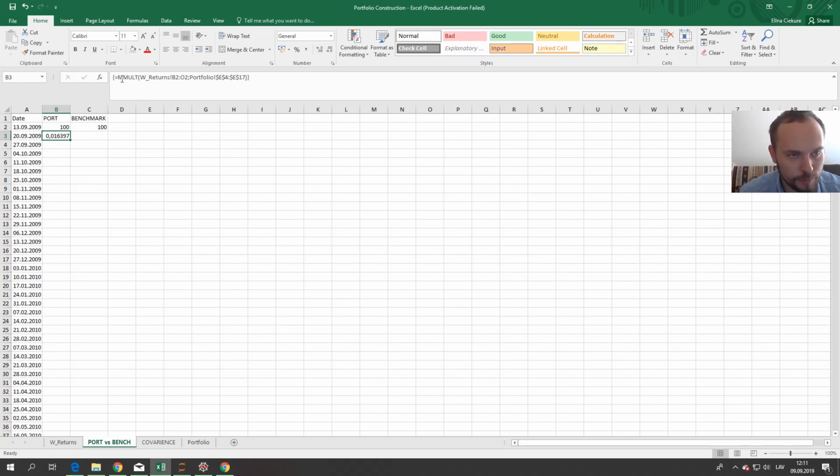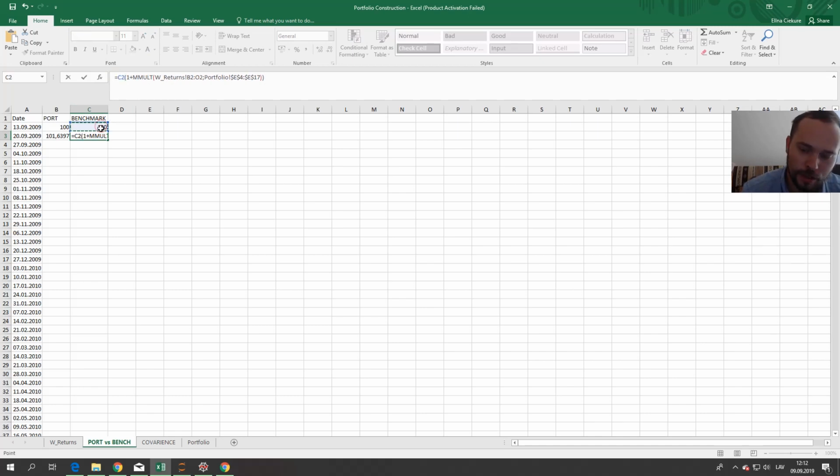Yeah, works, but we also need to have this and multiply by. So we will add this, so weighted returns, because just to have a change in this 100, so we still have to say shift 1, and I will just copy this to here, but we need to change obviously the weights here.